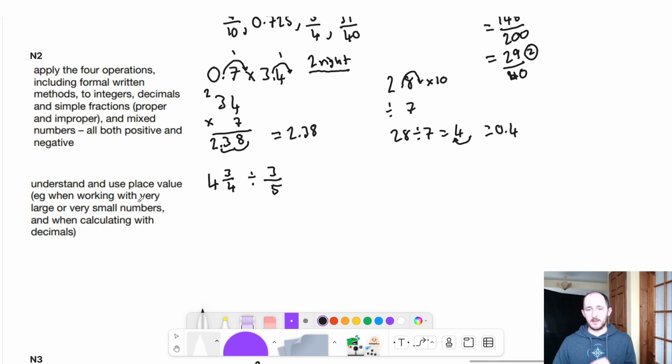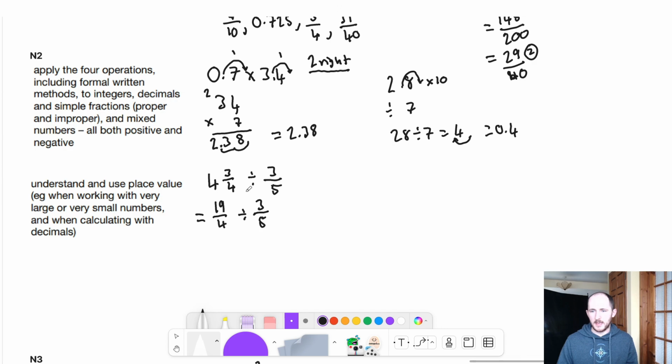But the first thing you do, if they give you a mixed number, is change it into an improper fraction. How do I change this into an improper fraction? Quite easy. You do the whole number times the denominator, so 4 times 4, which is 16. Then you add on the top number. So 16 plus 3 is 19 over 4.